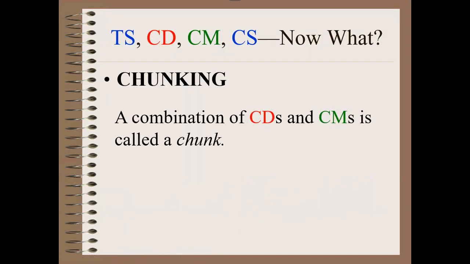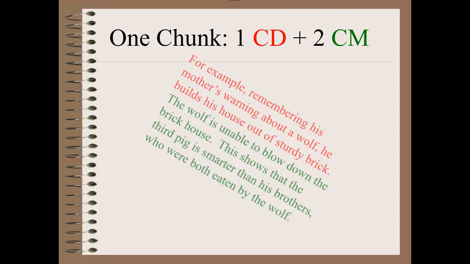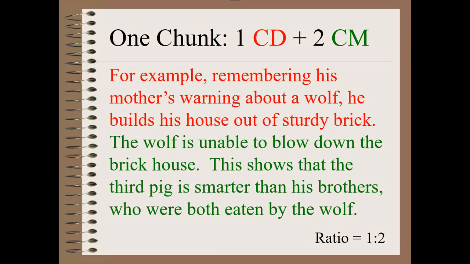Okay, so we're going to ignore this. We don't use that in my class. And we're going to ignore that too, except for this. Okay, this is not exactly the paragraph that we saw, but we do see that the correct ratio of commentary sentences to concrete details is respected here.